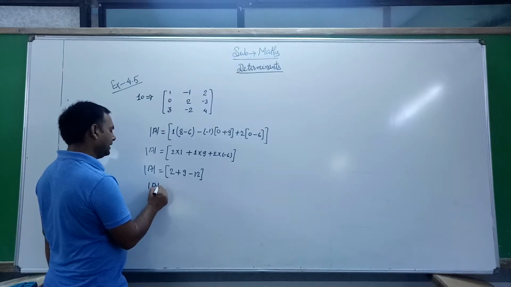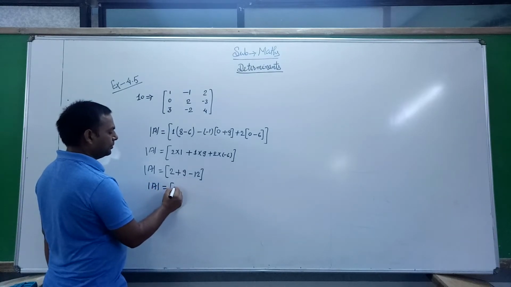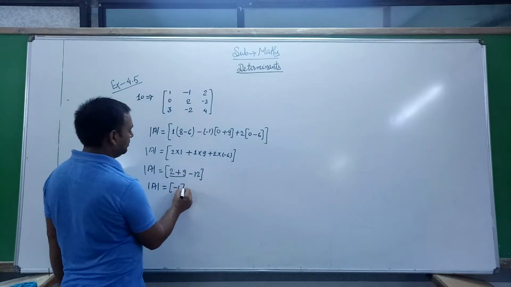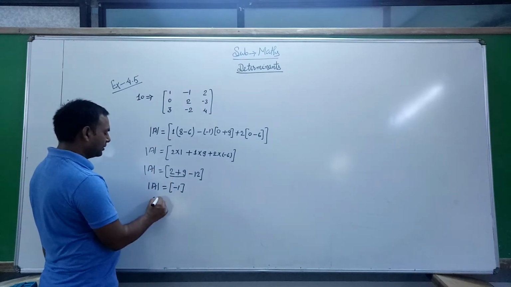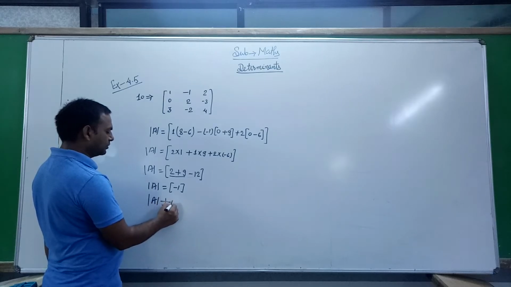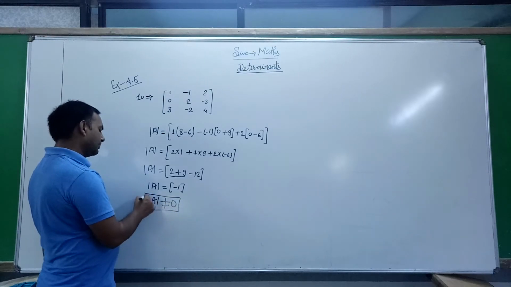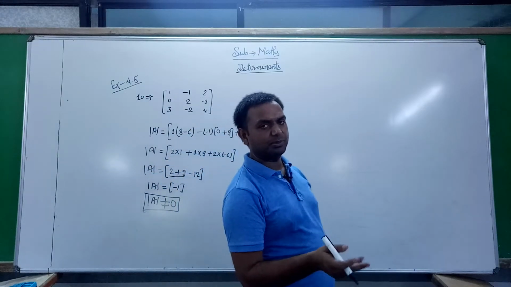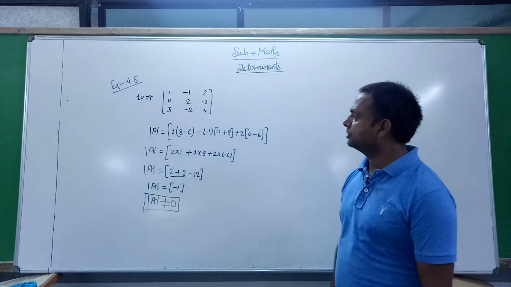So mod A is equal to minus 1. 2 plus 9 is 11 and 11 minus 12 is minus 1. So you can say mod A does not equal 0, so the inverse matrix exists because it does not equal 0.